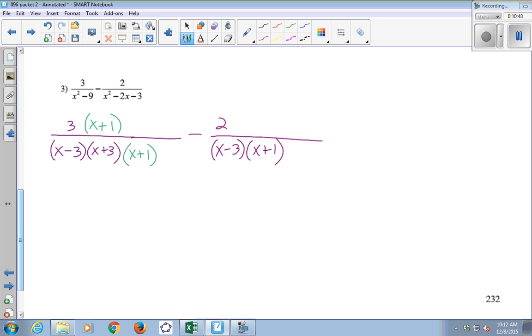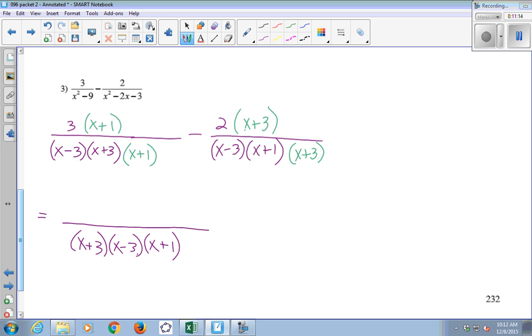This fraction needs an x plus 3. And now I have the same denominator. I have two fractions with the same denominator, so I can just subtract the numerators, put it over my common denominator, x plus 3, x minus 3, x plus 1.